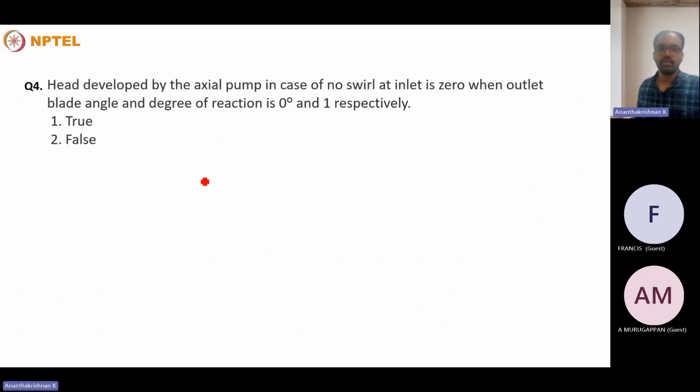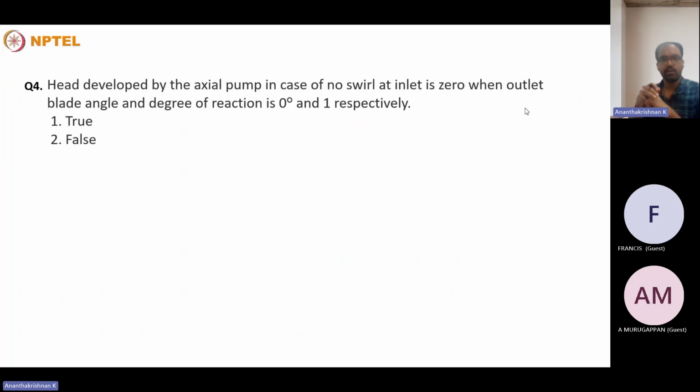Look into this problem. It's a true or false question. Head developed by the axial pump in case of no swirl at the inlet is 0 when outlet blade angle and degree of reaction are 0 degree and 1 respectively. This statement is true or false?